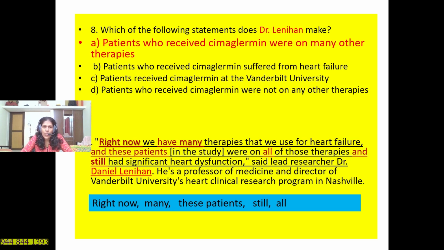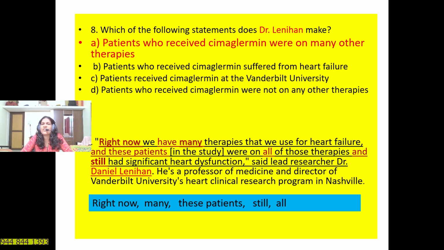Right now, we have many therapies that we use for heart failure. And these patients, who are these? There is a reference here. These patients are nothing but the patients who are undergoing these many therapies, were on all of those therapies and still, in contrast, had significant heart dysfunction, said the lead researcher Dr. Daniel Lenihan.